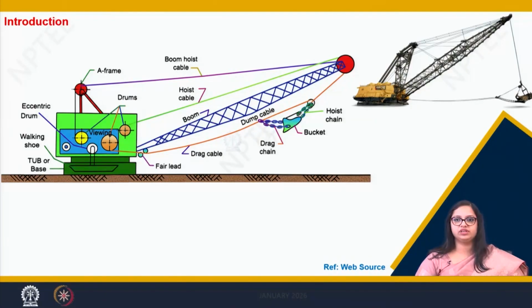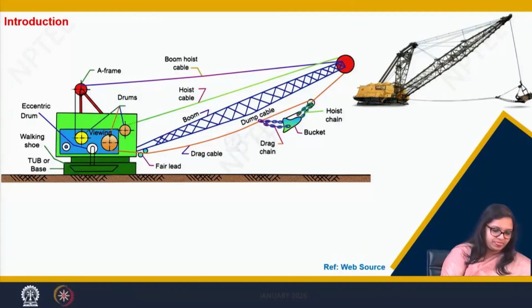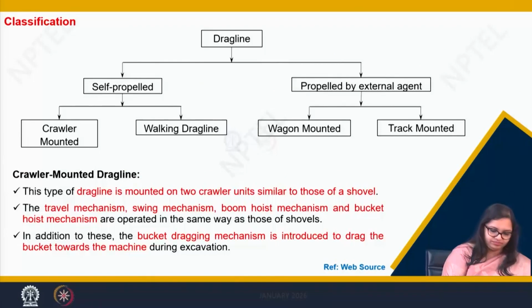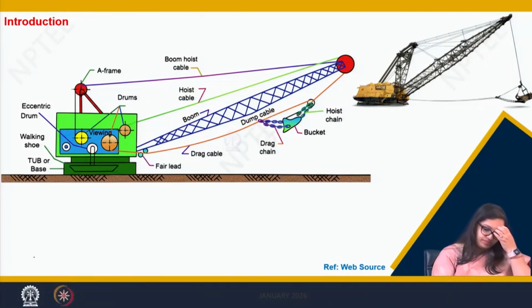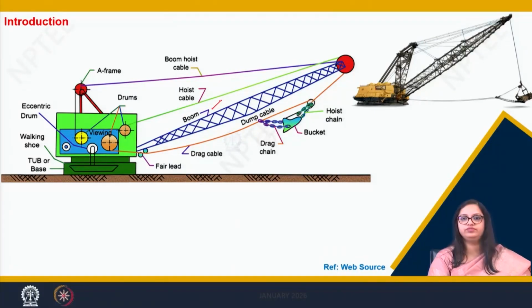Now, coming to the constructional features of this dragline. As we can see, this long length that we see here is called the boom of the dragline.